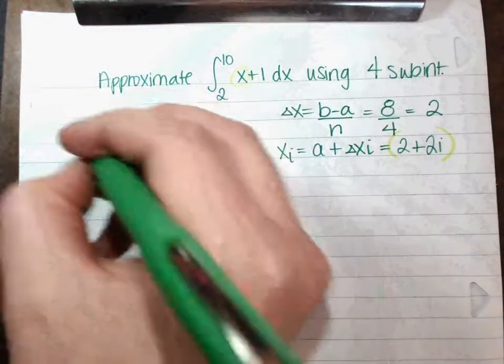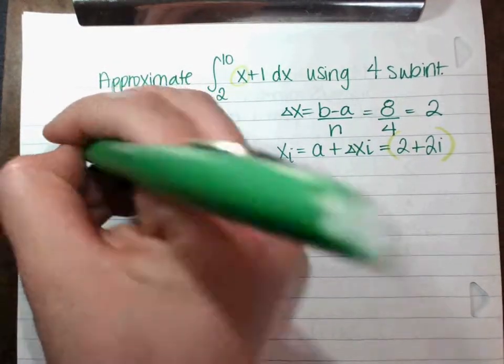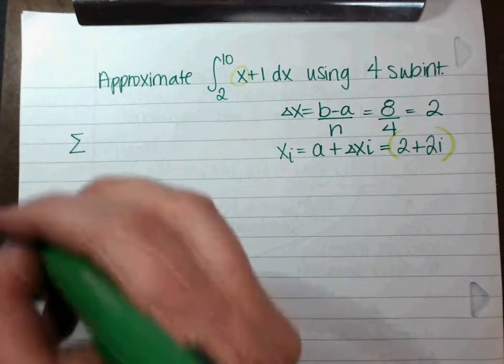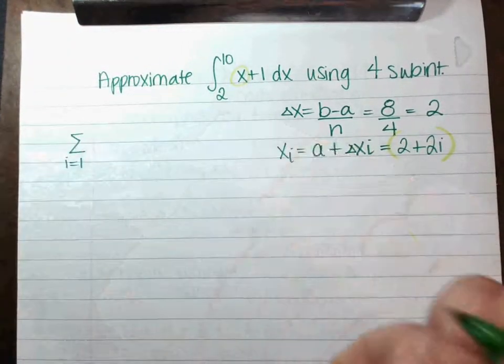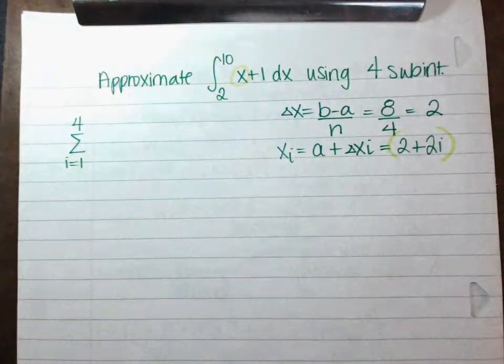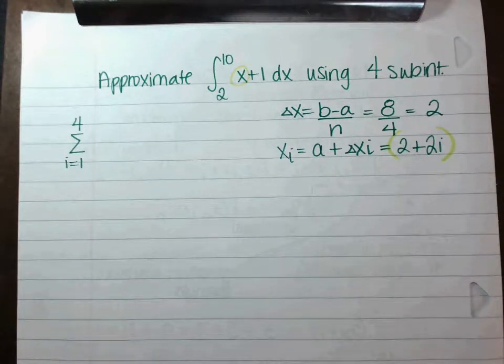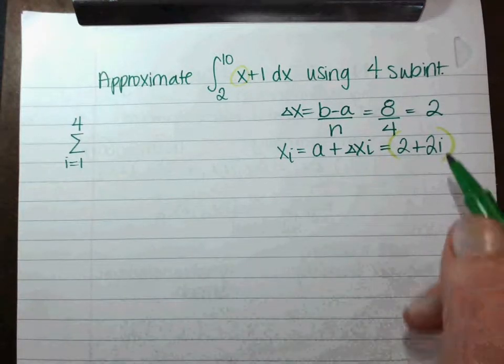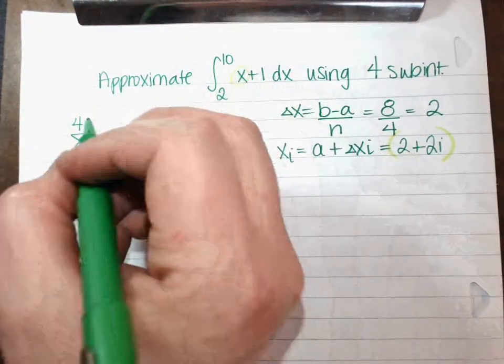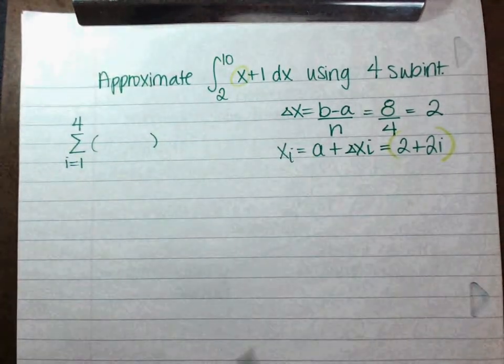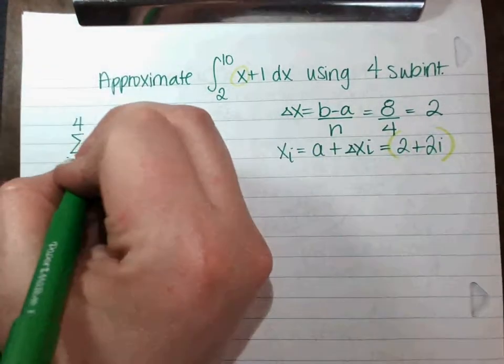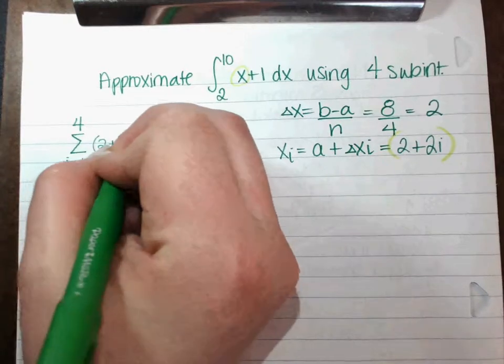So this would be approximated by the summation as i goes from 1 to 4. Remember, 4 is symbolizing how many rectangles I'm breaking my area up into. Then I'm going to have x plus 1, but instead of x, I'm going to plug in this: 2 plus 2i, plus 1.